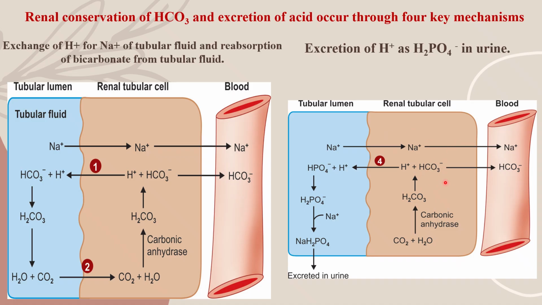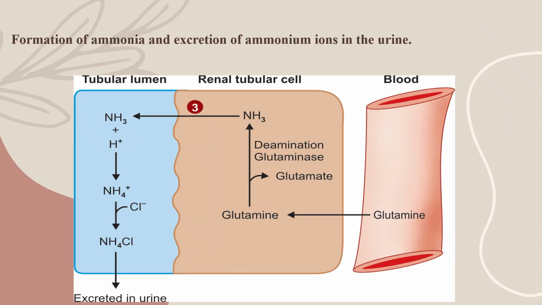And this counter anion is also coming to the blood. So these are the driving force for each other. For each anion, there should be a cation in order to neutralize the compartmental ionic effect. This is how there is excretion of H plus ion as H2PO4 in the urine.